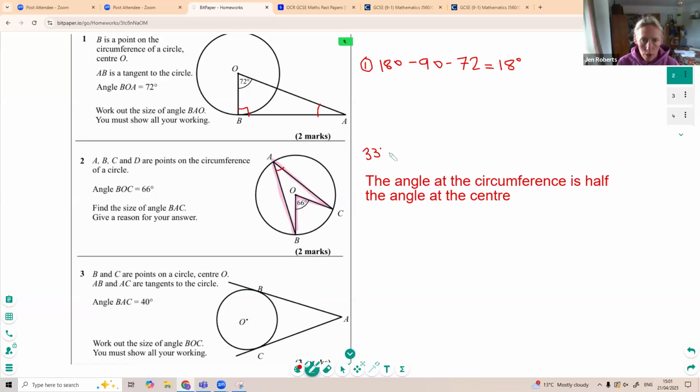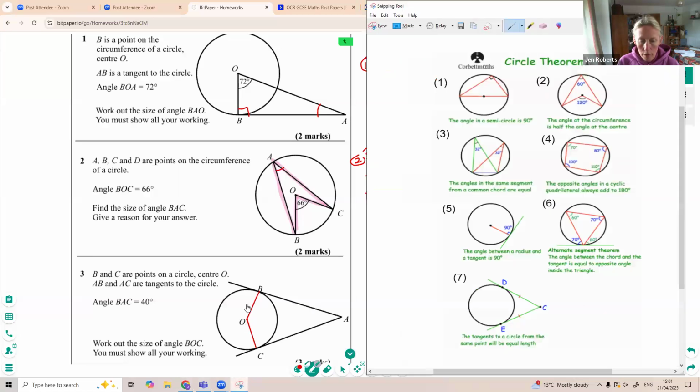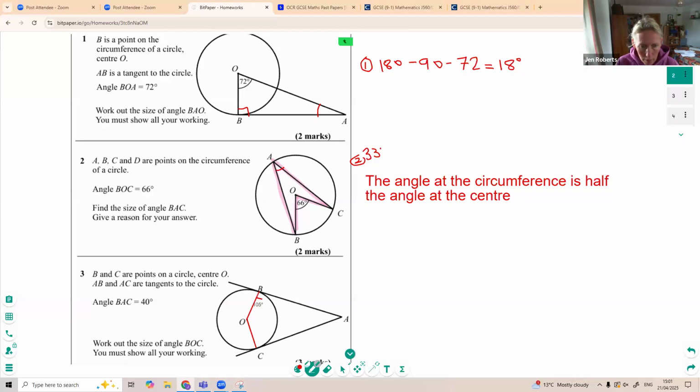The next question, work out BOC. So I'm just going to join some lines on here. There's B, there's O, there's C. And again, if we look at this, well, we've got tangents here, a tangent touching a radius. So we know we've got a 90. I'm looking at theorem number 5 here specifically. This one here is 90 degrees, and this one here is 90 degrees.